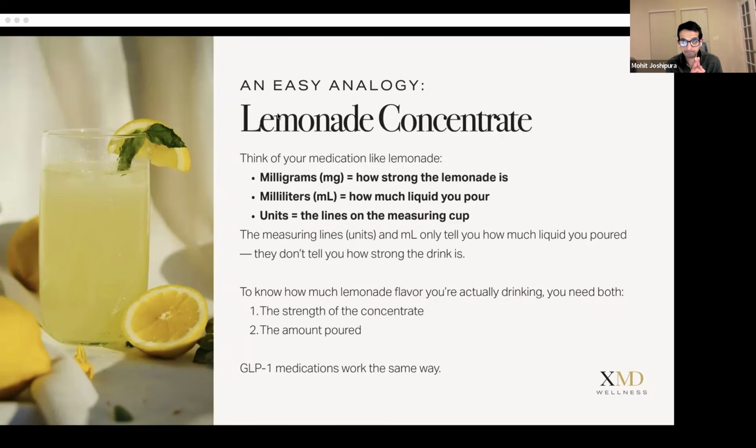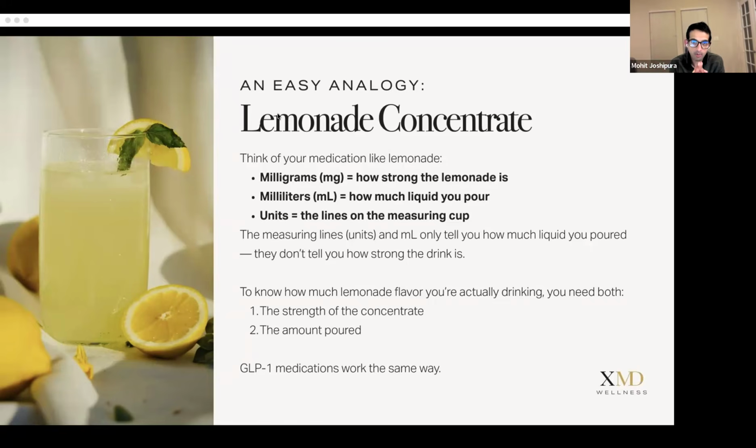So theoretically, there could be one person who has more lemonade in their cup, but actually has a weaker brand of lemonade, as opposed to another person who has less lemonade in their cup, but actually has a stronger brand of lemonade.